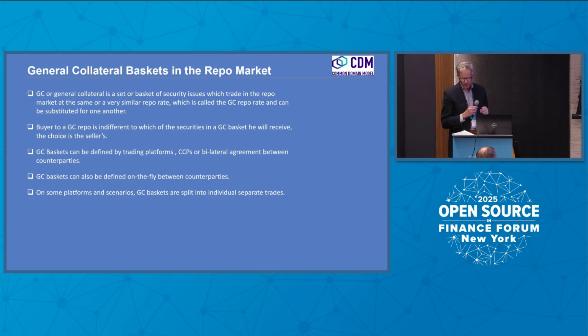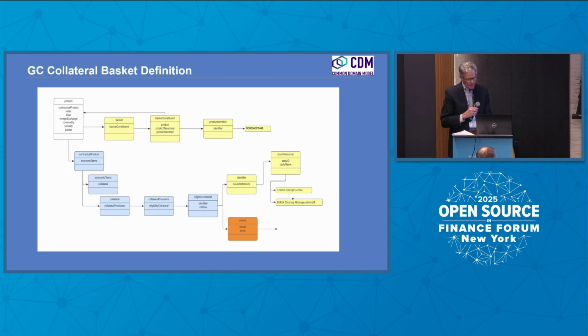So the CDM can define a basket just like a product. We have a product definition, we have the basket definition, you can put an identifier on the basket like any security, and then you can attach or define the eligibility criteria.